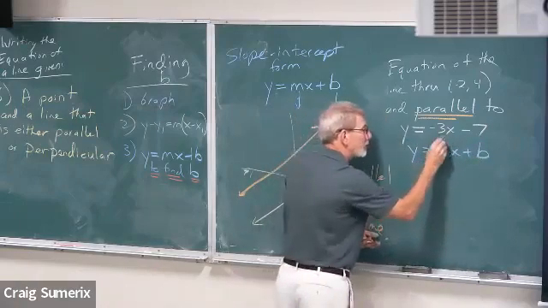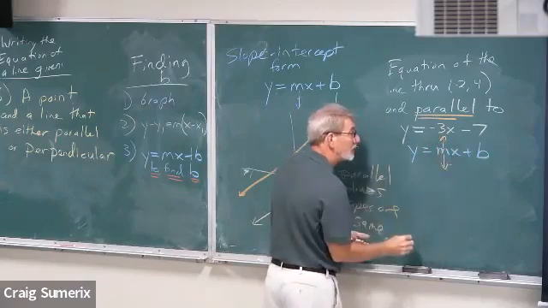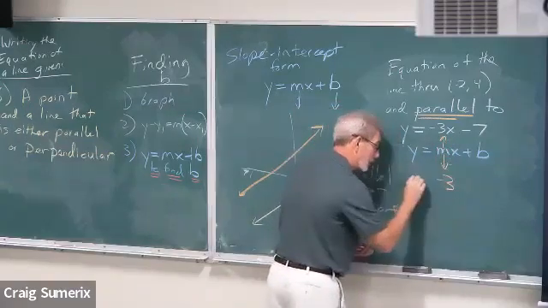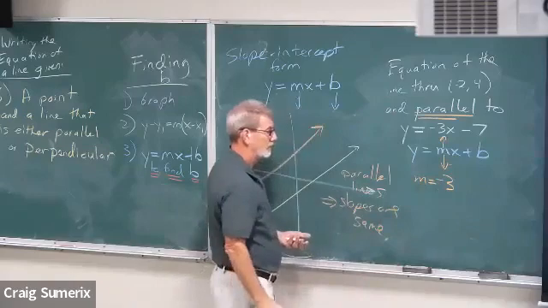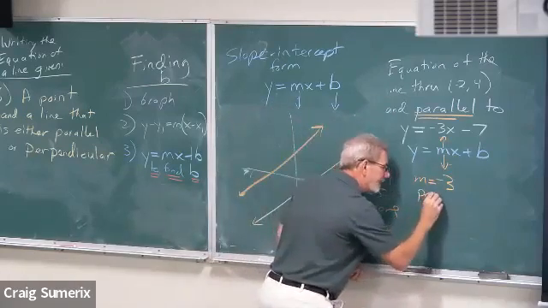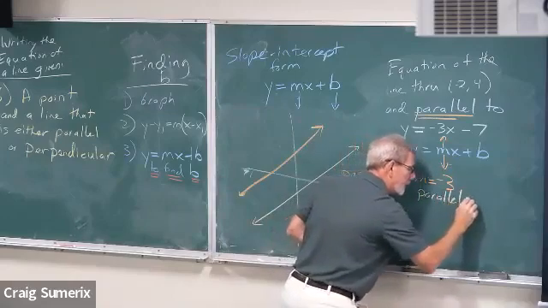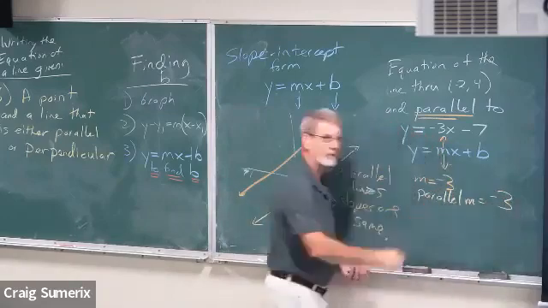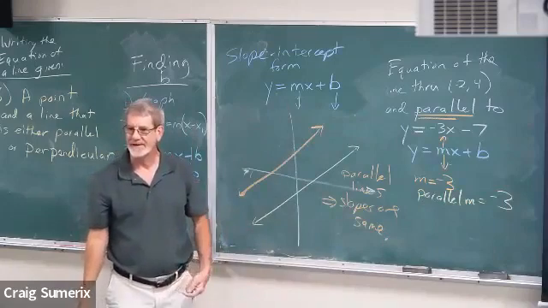M is the slope, so our slope here is negative 3. So what does that make the parallel slope? Negative 3. Wow. How much math was that? None.